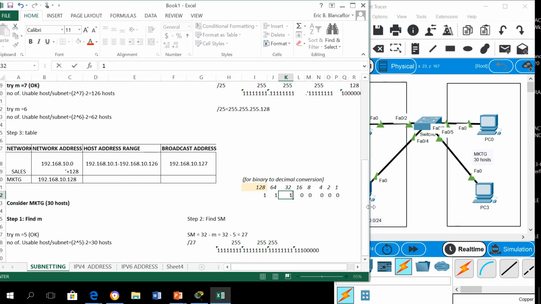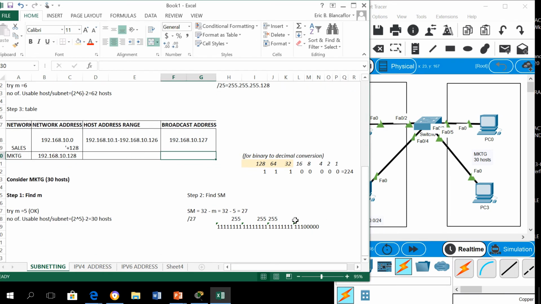We add those that have ones, in 128, 64, and 32. 128 plus 64 is 192, plus 32 is 224. So slash 27 is 255.255.255.224.